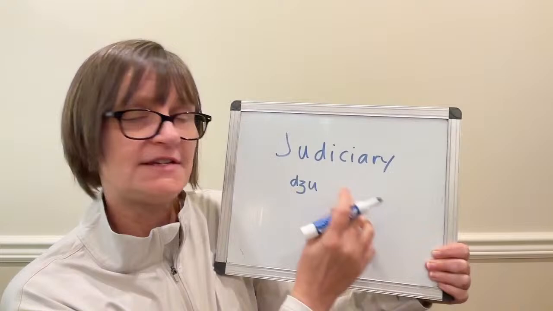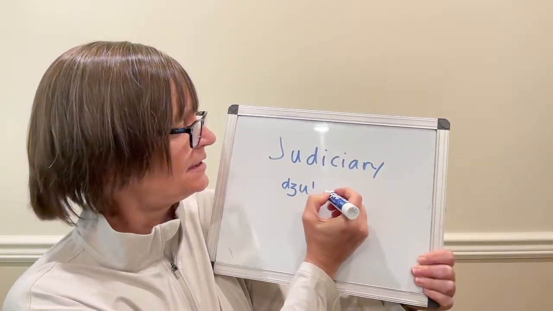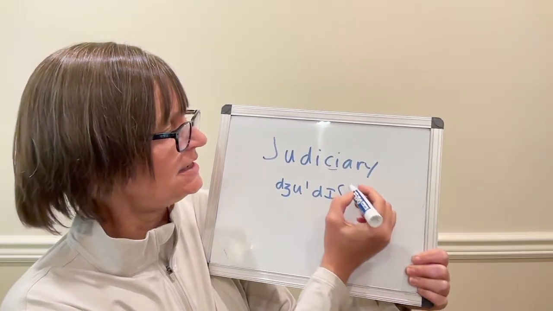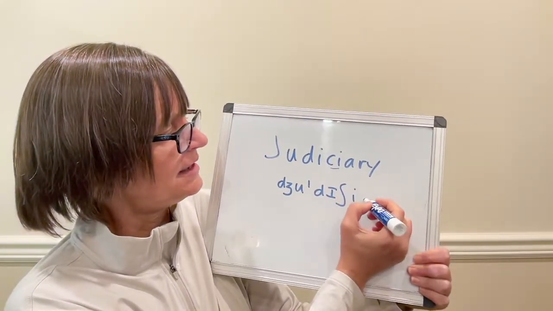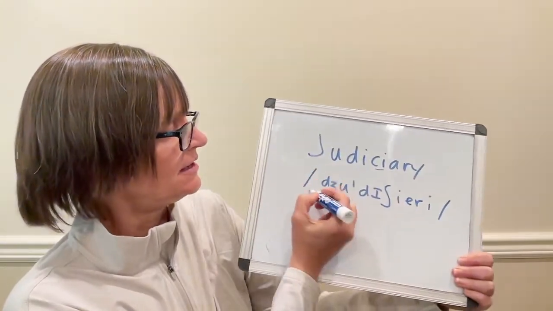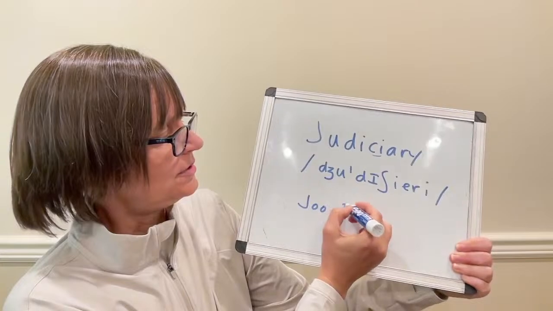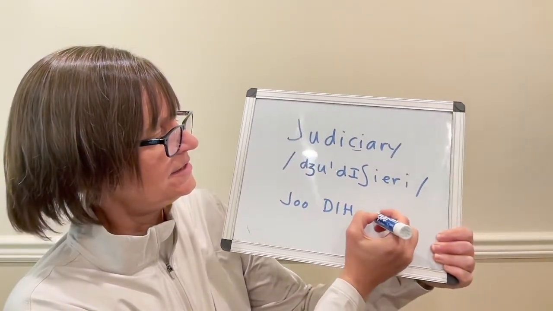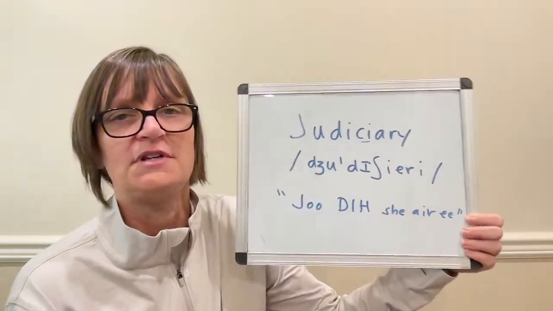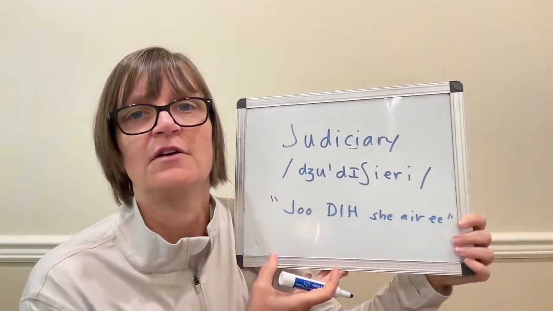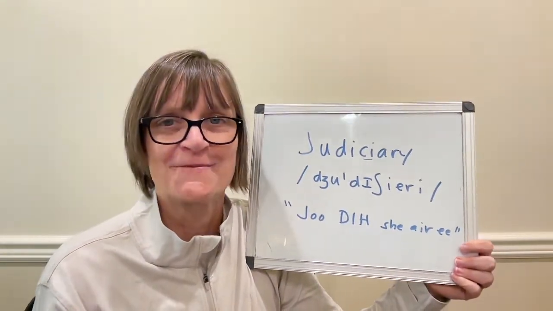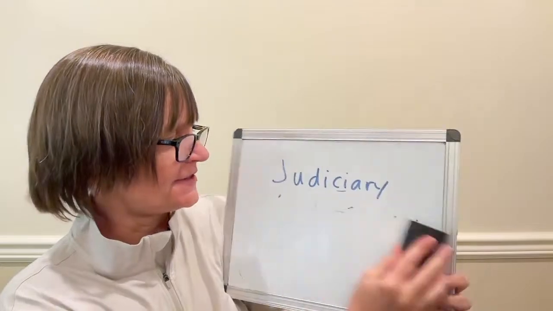The stress is on the dish syllable, so di, and then the CI says the SH sound, she, with an E. And then the AR says the air diphthong, and then the last Y says E. So that sounds like she, air, E. Judiciary. So the judiciary is critical for maintaining the balance of power in government. Okay, very nice. Thank you.